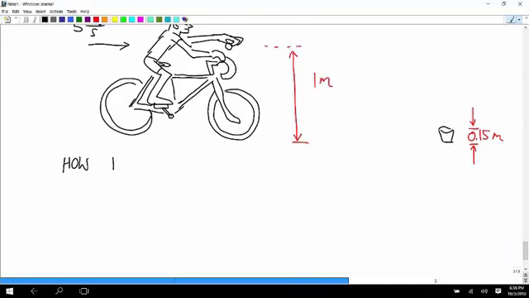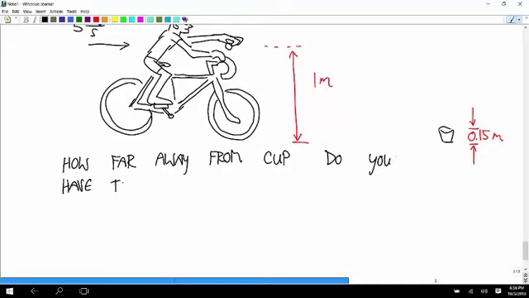How far away from the cup do you have to let go of the ball, drop the ball, for it to land in the cup?